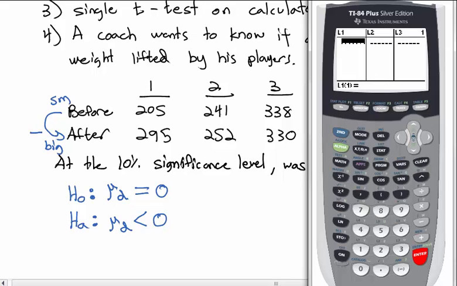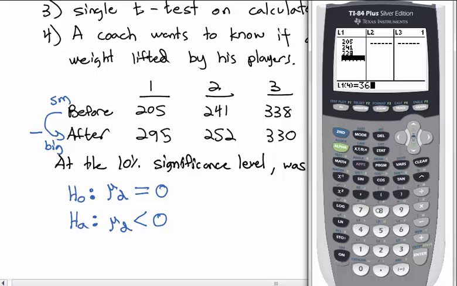List 1 is going to be our before data going across. Before is 205, enter. 241, enter. 338, enter. And the last one was 368.